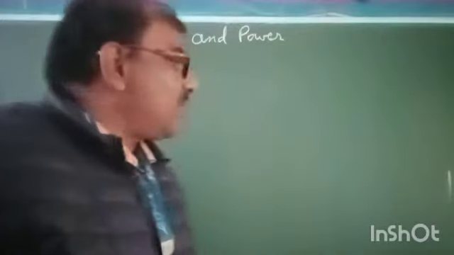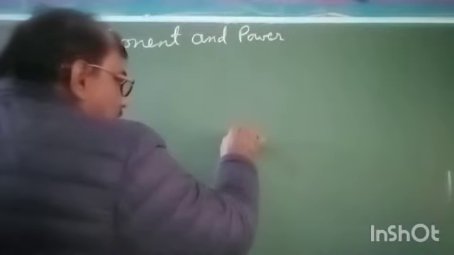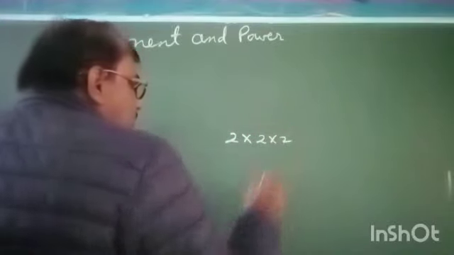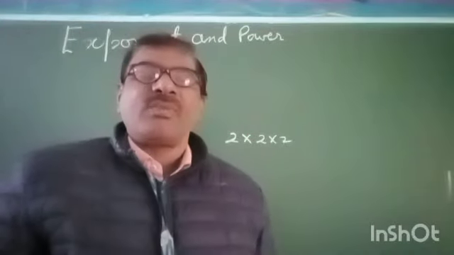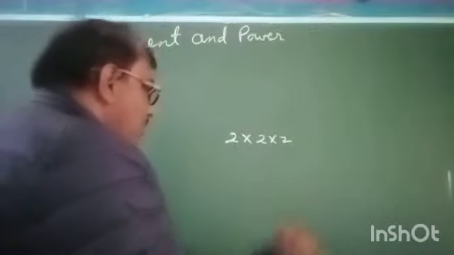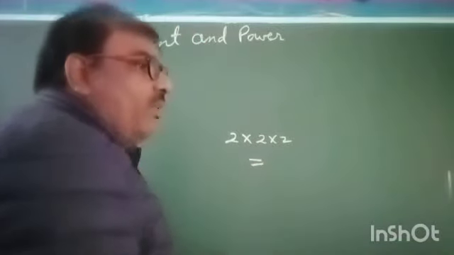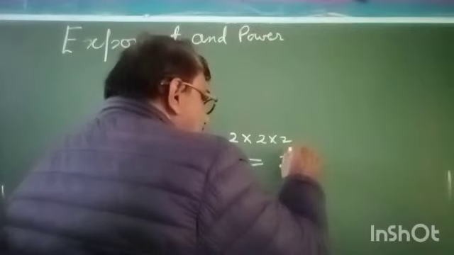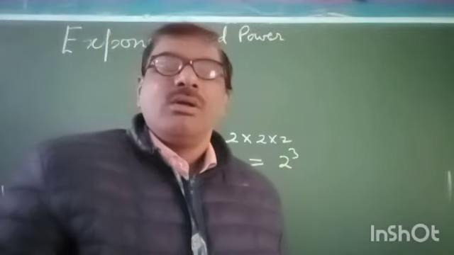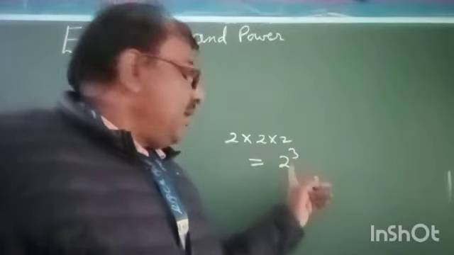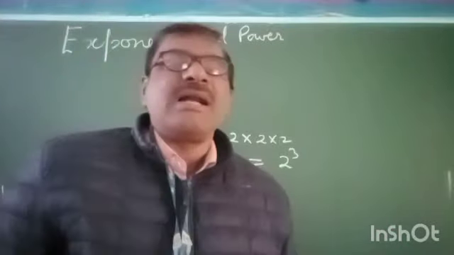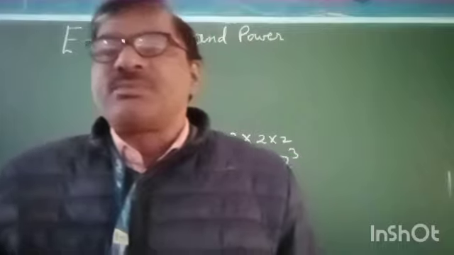Suppose if you multiply 2 three times, then we can express it as 2 to the power 3. Here 2 is the base and 3 is called the power, and this is called exponential form.